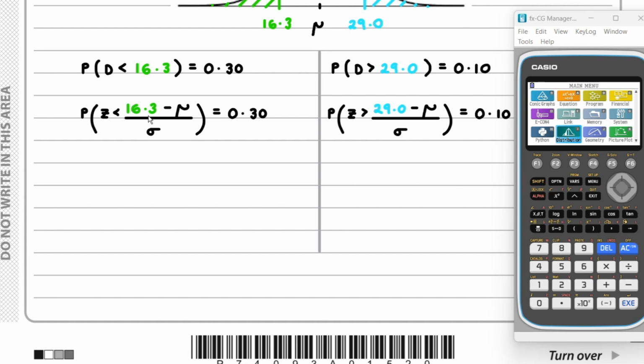So, what we can do is find out what 16.3 subtract mu over sigma is, and we can do that using the inverse normal.